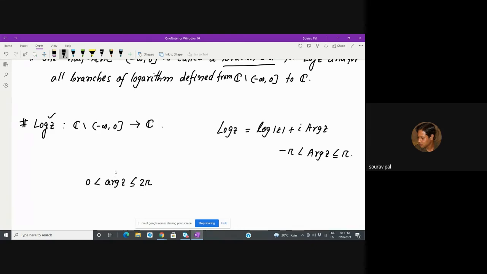So if you think about your argument to lie in between this, then also this is a well-defined function from C to this. If you give it a name, say arg tilde, you are considering this a function from 0 to 2 pi.